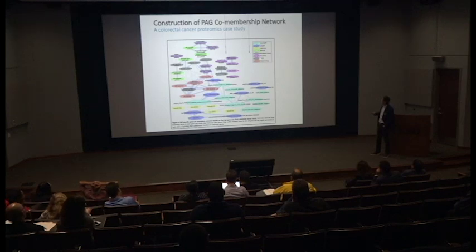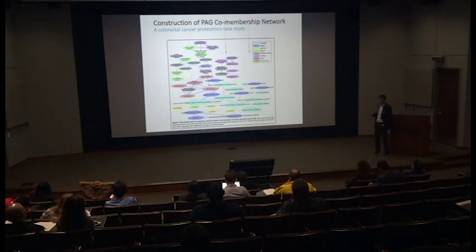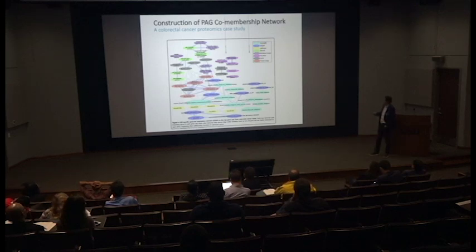Some come from KEGG, like all the gray ones. Some are from BioCarta, which is another pathway database. Some come from the gene signatures down here. The lines and their thickness indicate how significantly they're related to each other by this shared membership relationship.